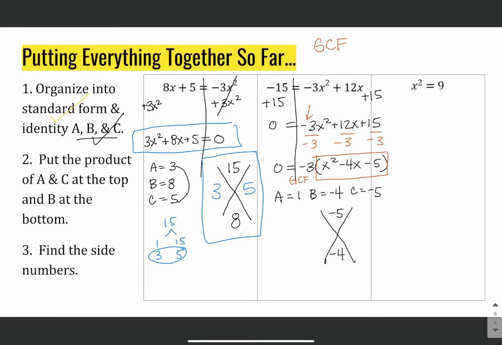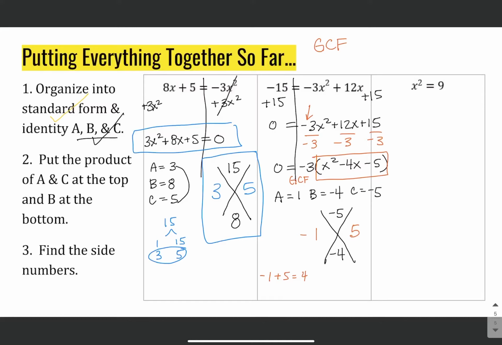All right, factors of 5. So the only factors that we have of 5 are 1 and 5. But again, we've got to be careful with signs. Double check your signs. I need this to combine to a negative 4. So again, if I made 1 a negative, negative 1 plus 5 would be a positive 4.